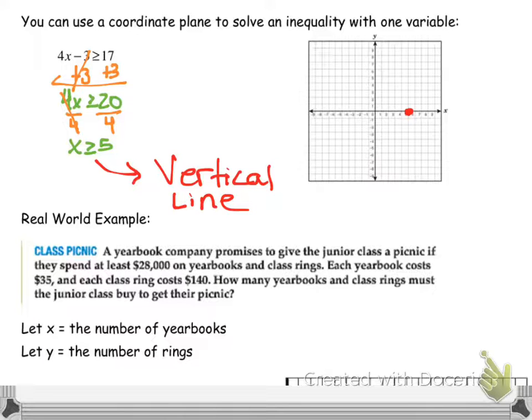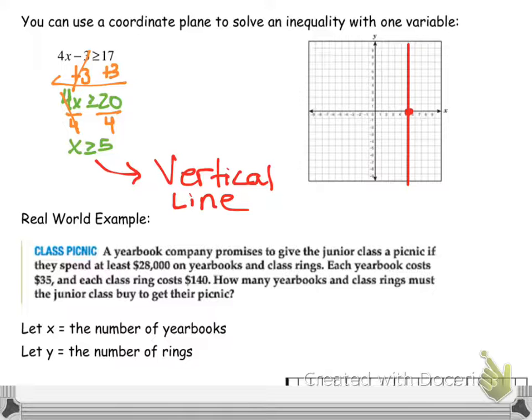Now you have to ask yourself the same questions. Is it going to be a dotted line or a solid line? And since it's equal to, it's going to be a solid line. And since it's going to be a solid line, now the last thing is, where do we shade it? So this one, the roof analogy doesn't really work, but you kind of have to use your logic.